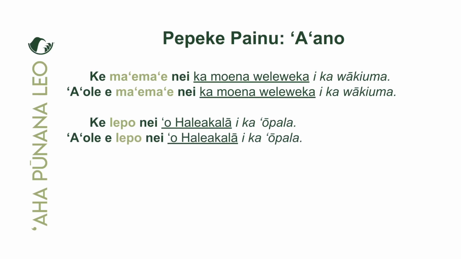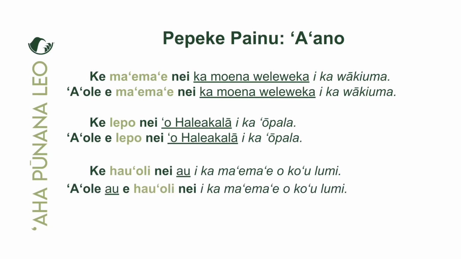Haleakalā is not in the process of becoming dirty because of the rubbish. Maikaʻi. Last one. Ke hauʻoli nei au i ka maʻemaʻe o koʻu lumi. Let's negate that. ʻAʻole au e hauʻoli nei i ka maʻemaʻe o koʻu lumi. So the negative translation is that I am not in the process of becoming happy.